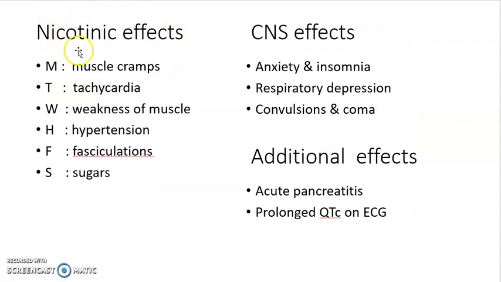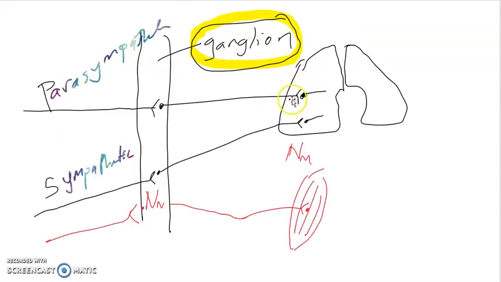So what are the nicotinic effects that we can see? Muscle cramps. Some are sympathetic, some are parasympathetic. For example, tachycardia is of course sympathetic because of the effect on the ganglion. When you have excess acetylcholine, it's going to affect not only the target organ, but also the ganglion, and this is why you have nicotinic effects.